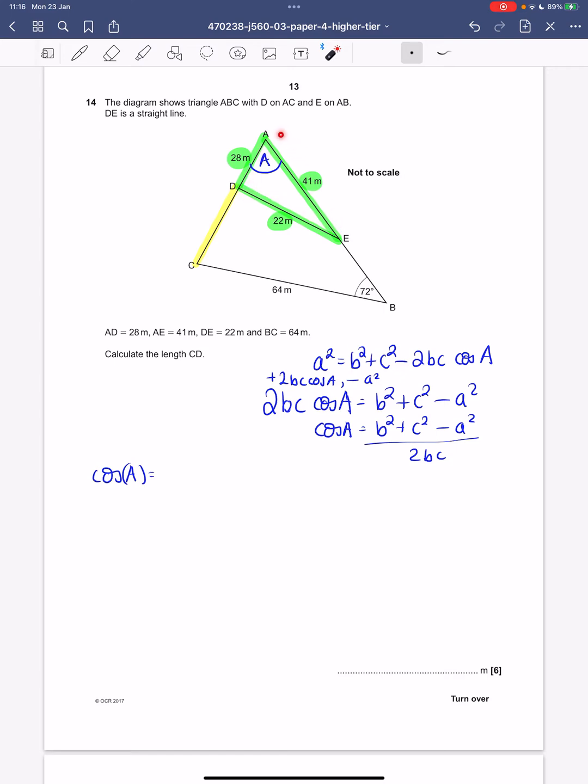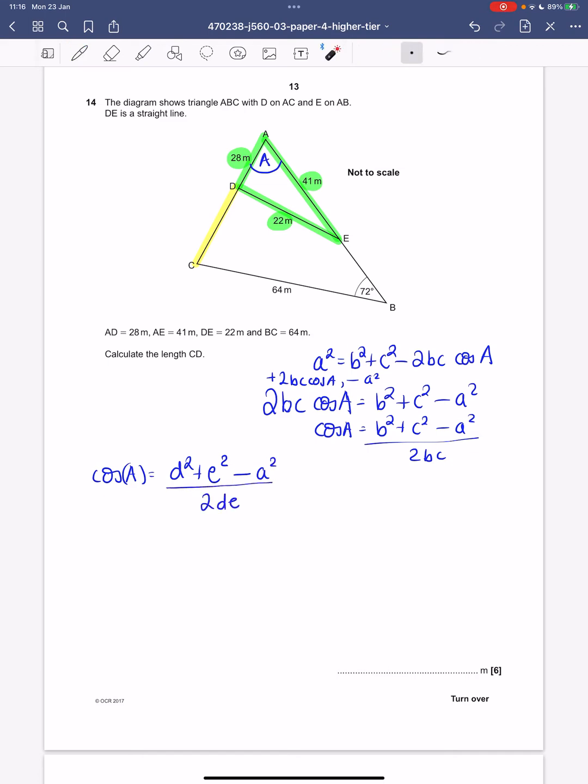Right, we're using this one here. So we've actually got cos A, well, we've got D and E here. So cos A is going to be D squared plus E squared minus A squared over 2DE.